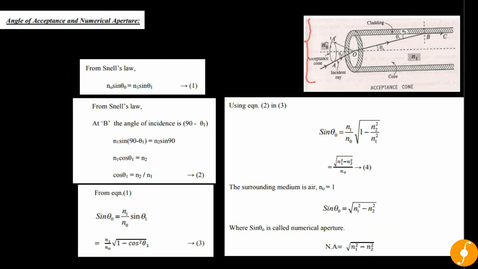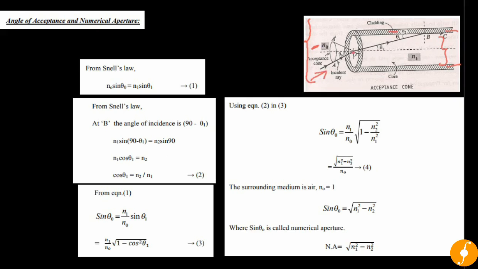Let's have a look. On this diagram, we can see that this is an optical fiber, this is the core area, this is the cladding part. Refractive index of core is N1, refractive index of cladding is N2, and refractive index of air is N0. Here we can see a light ray entering inside the optical fiber.